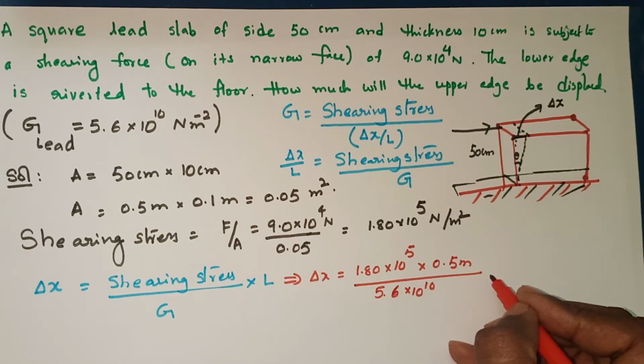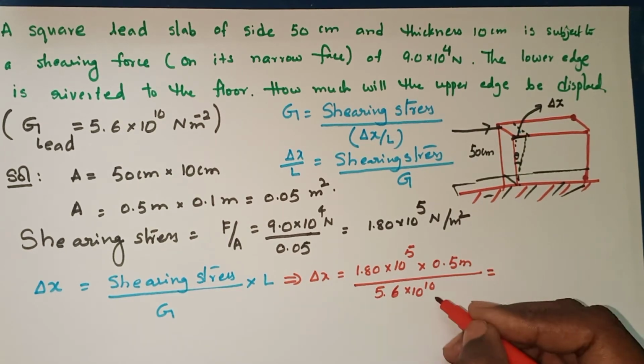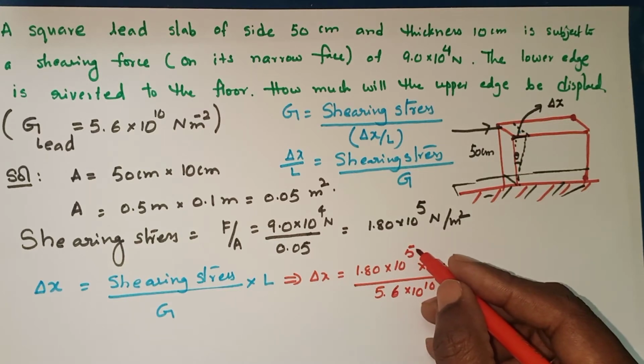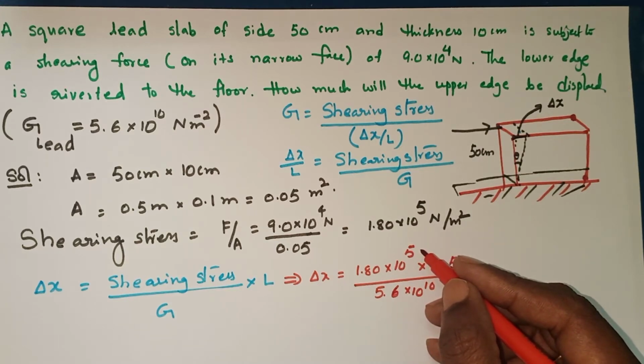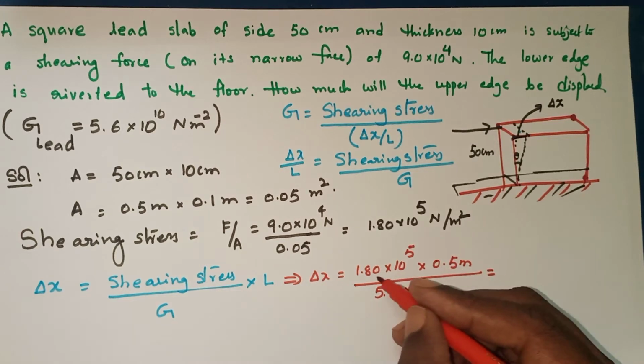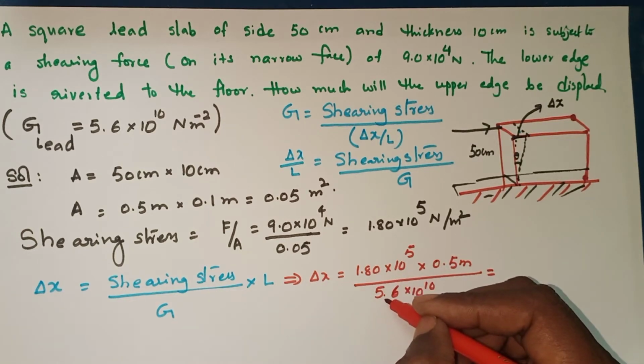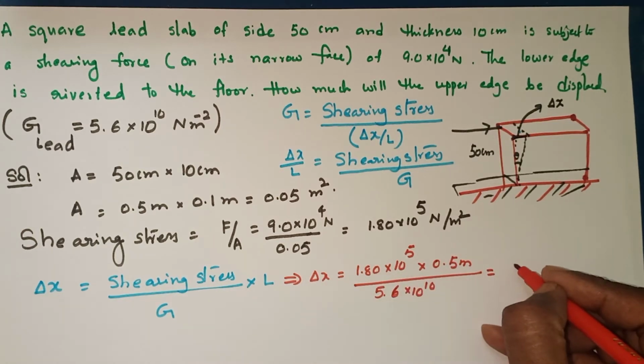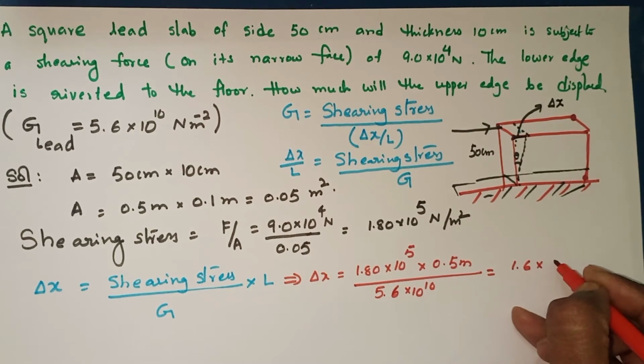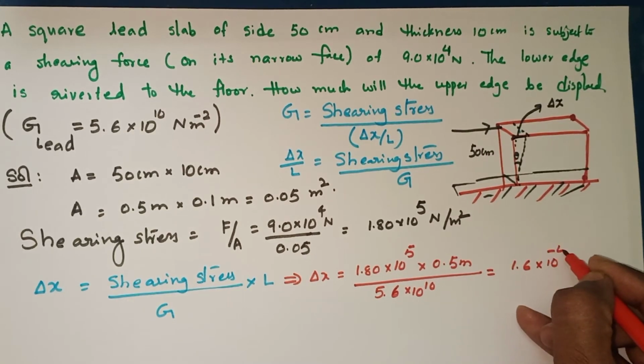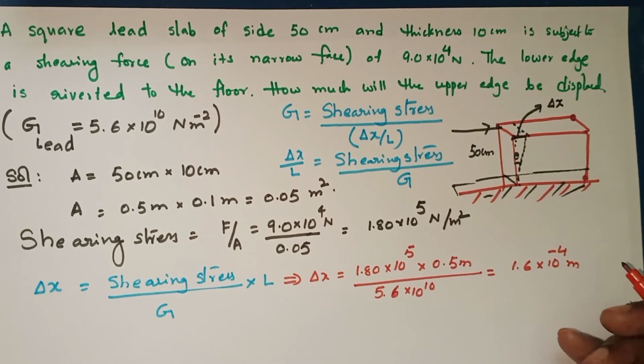Now 10 power minus 5 you will get, and 9 by 5.6, which is 1.6 into 10 power minus 4 meters.